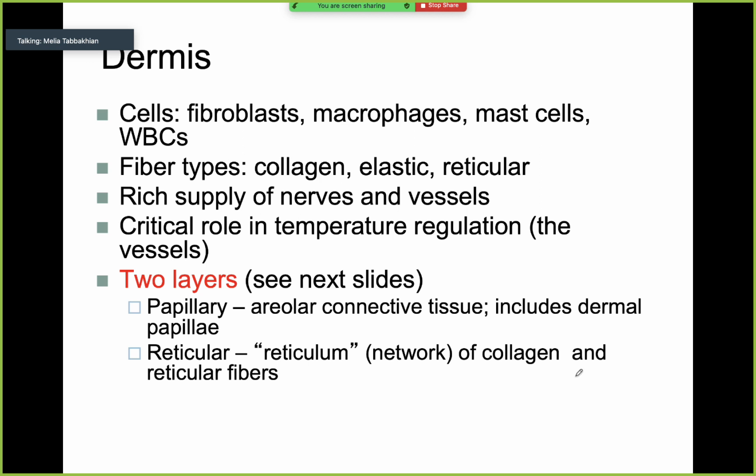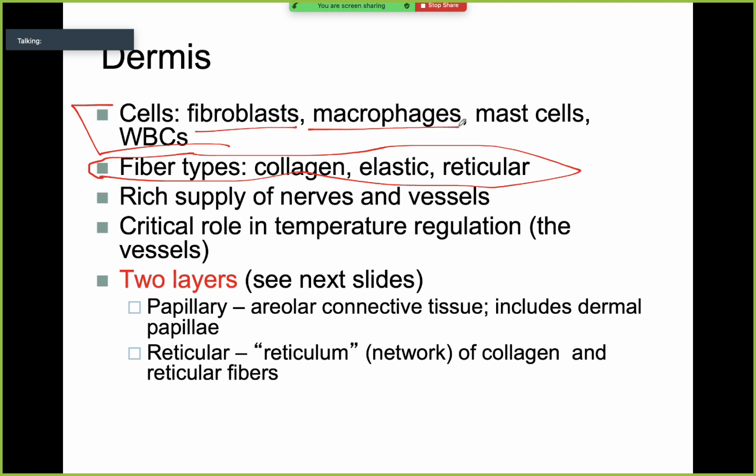The dermis is made up mostly of these fiber types. These are non-living, they're not alive, they're not cells, they're fibers. Amongst the fibers, you do have some living cells: fibroblasts, which are cells that make fibers, macrophages, mast cells, and white blood cells, all three of which are types of immune system cells.